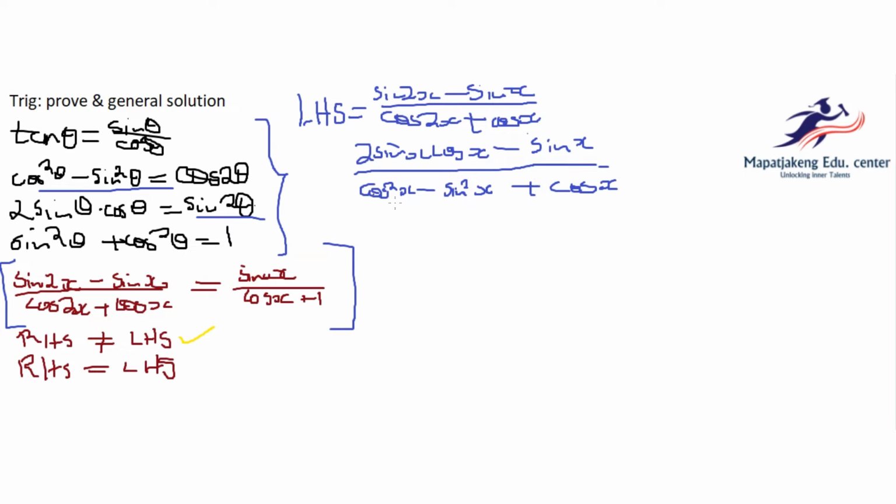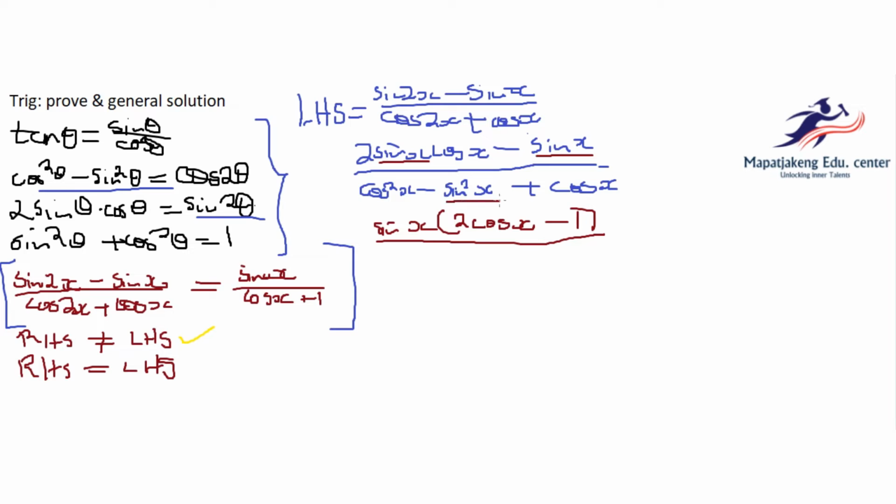And remember, we're trying to make this look like that. So at the top you must only be left with sine, and here you must have cos plus 1. You can clearly see above, this one has sine x and this one has sine x, so above we can factorize by taking sine x outside as a common factor. Then it's left with 2 cos x minus 1, because if you take sine x out, you're only going to be left with 1 there, all divided by the bottom.